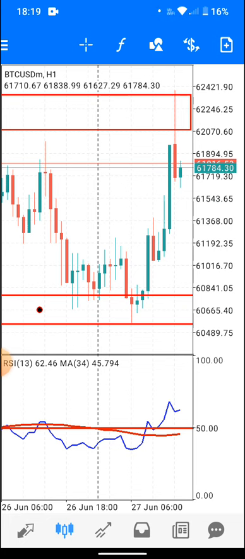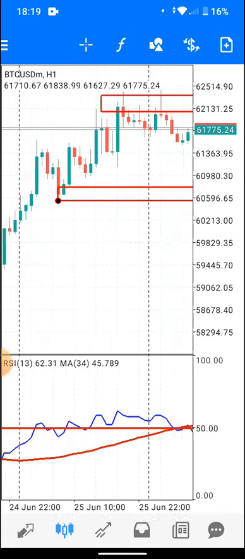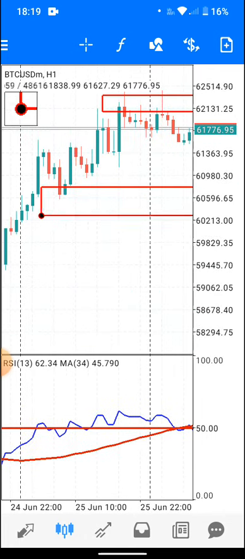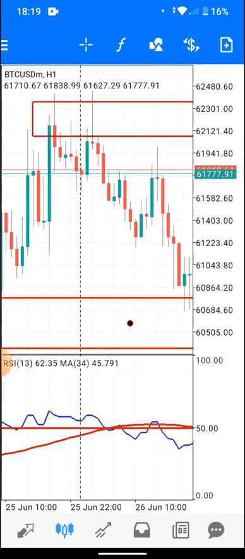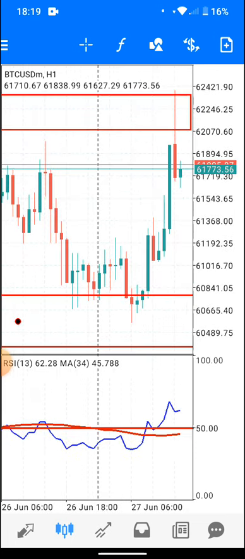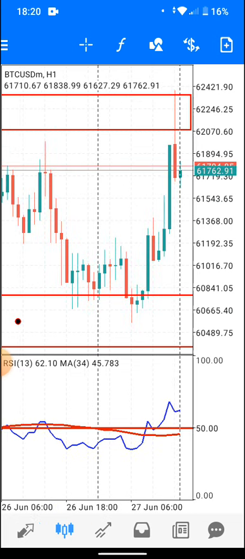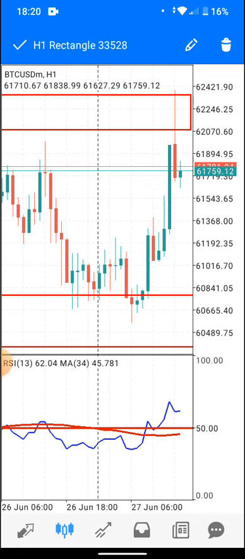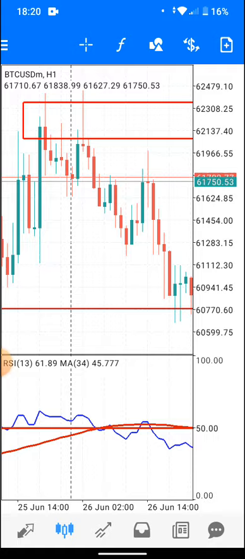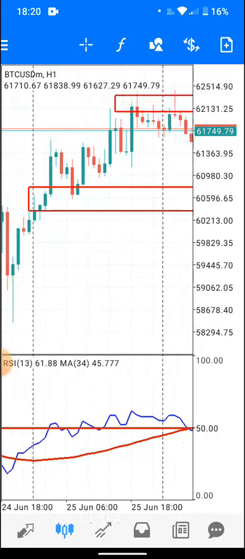If you don't know about candlesticks, you can watch my candlestick tutorial. So you cover even the wick. The wick is the tail bottom part. Okay, you cover the tail bottom part. After which, you tap again like this and press OK. So now guys, we have our support and our resistance.